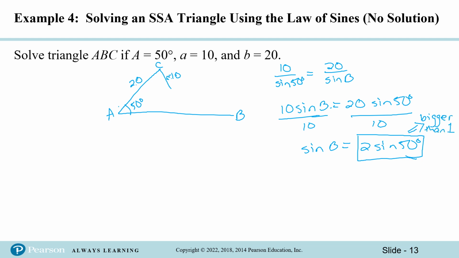And that's impossible. When you take the sine of something, you cannot be bigger than 1. Remember our sine graph? Biggest is 1. So you can't go up and be bigger than 1. Okay. All right. So the other way, and probably the easiest way, is to do the sine inverse of this on your calculator.